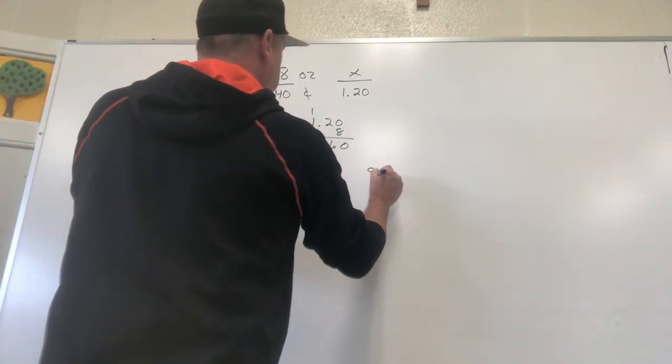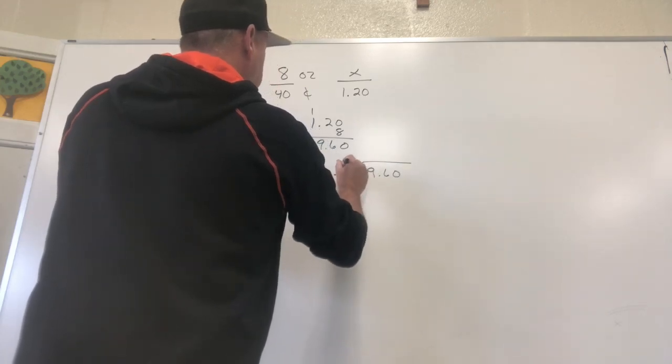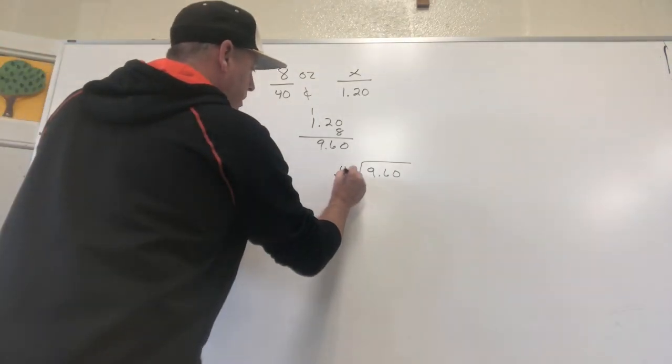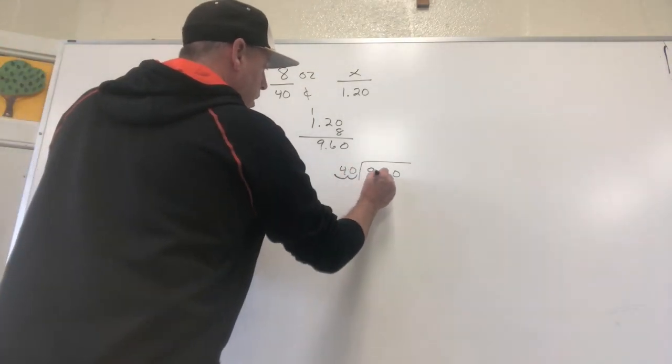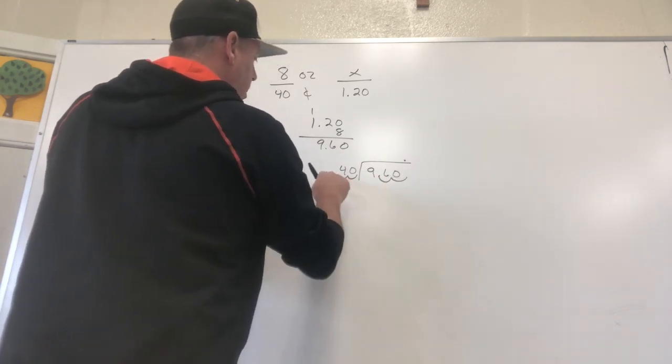So I have $9.60 divided by 0.40. I'm going to move this over twice in my division. My decimal point goes right there.